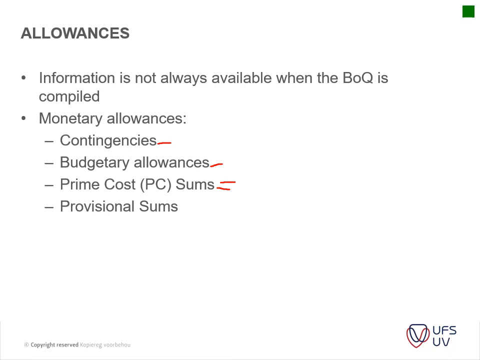So your prime cost items will be what a standard hollow core door from Swartland or whoever actually costs. Okay, so you have that cost, and then you allow an item underneath that for the contractor to put up a markup or the installation cost, etc.